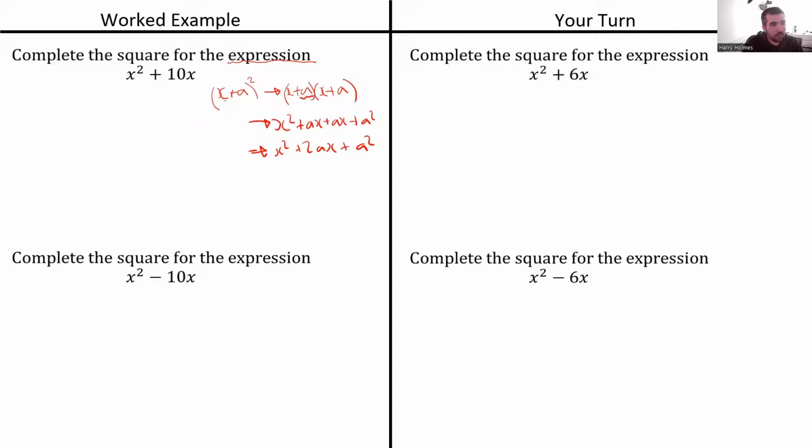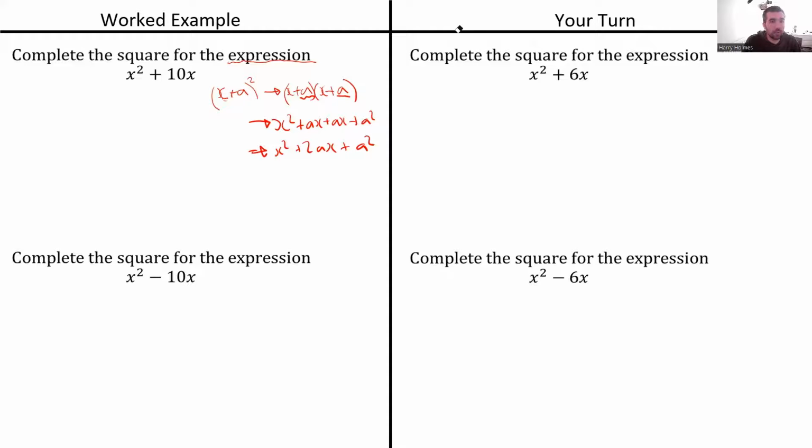Whatever this number a is, we are going to end up with two of them. So if I want 10x, I need to times out (x plus 5) squared, because I'm going to get 5x, and another 5x, which makes 10x. This means that our job becomes quite simple, especially if we are starting to understand it.